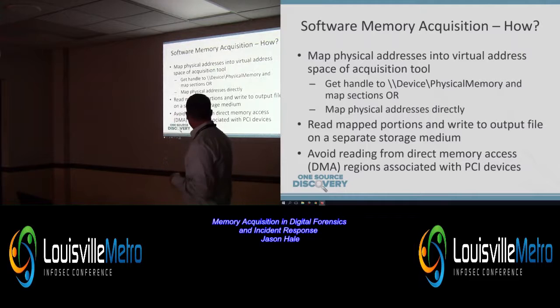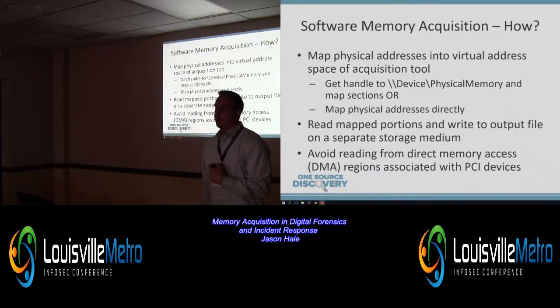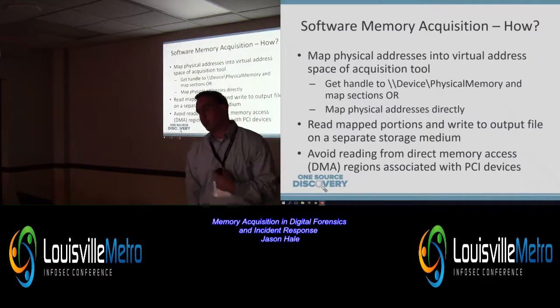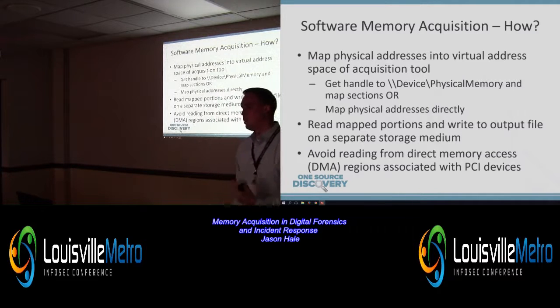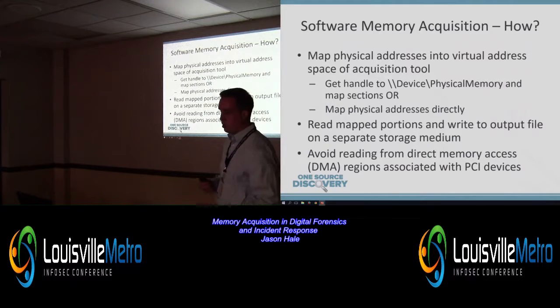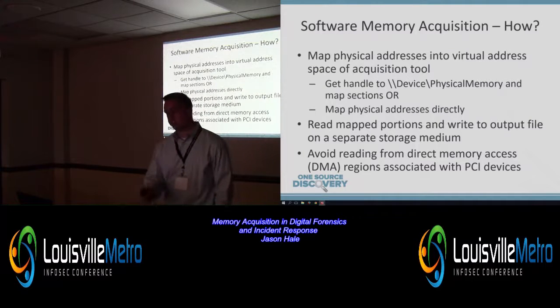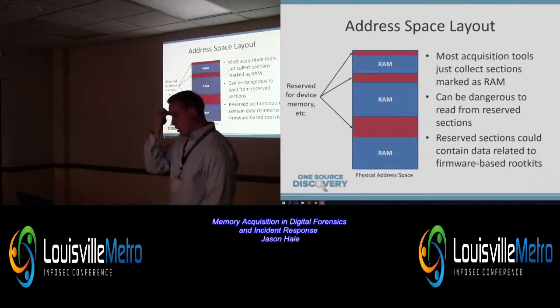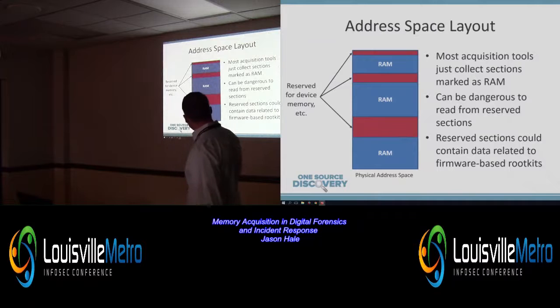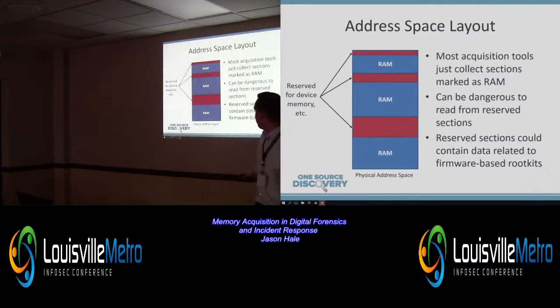We'll also see that reading from certain areas of the physical address space, called the direct memory access or DMA regions, can become dangerous and end up crashing the system. I hit on that a little bit earlier about having your tools have to behave while they're doing their functions, and this is one reason. So here's a simplified graphic of the physical address space in a Windows system. This is something we might see.